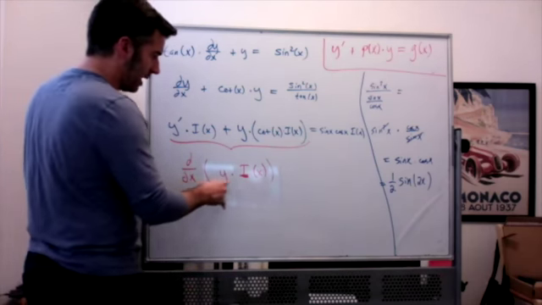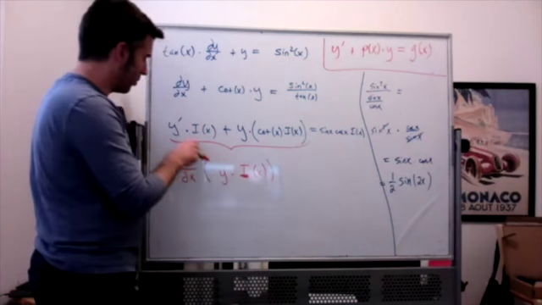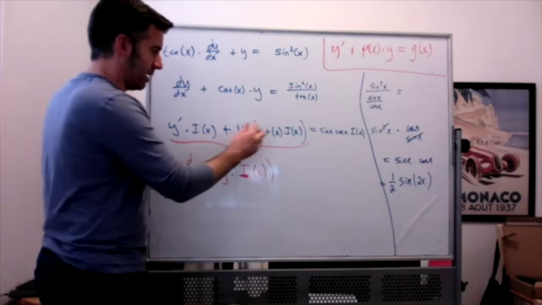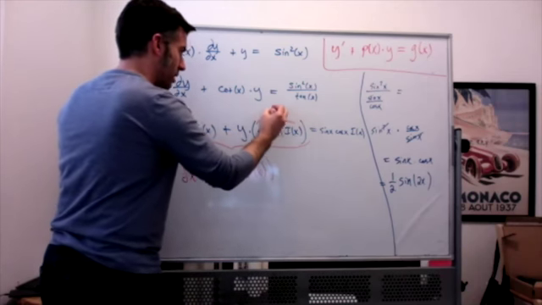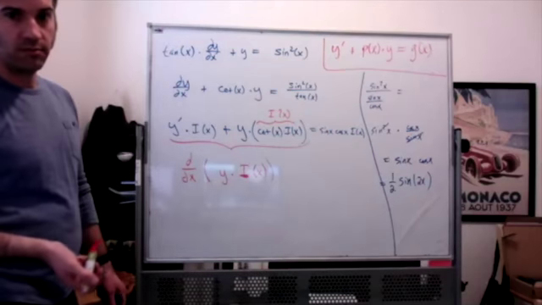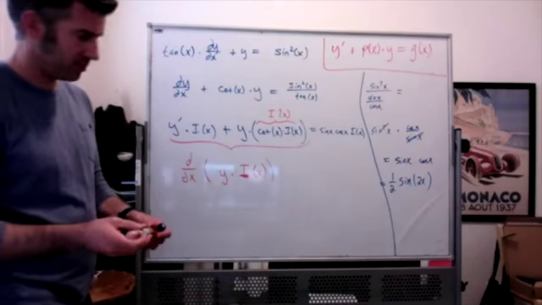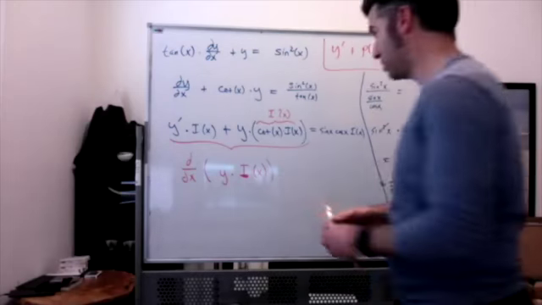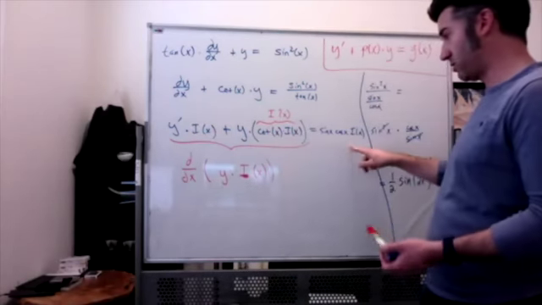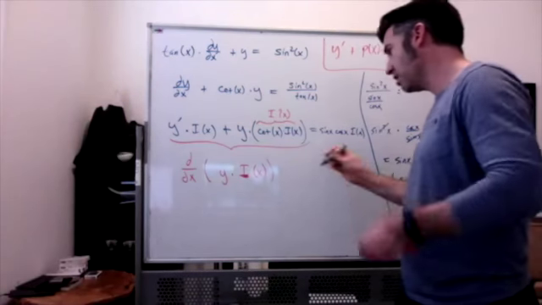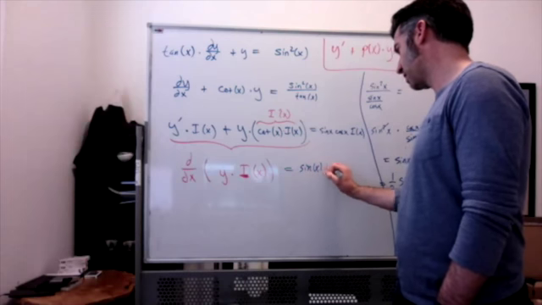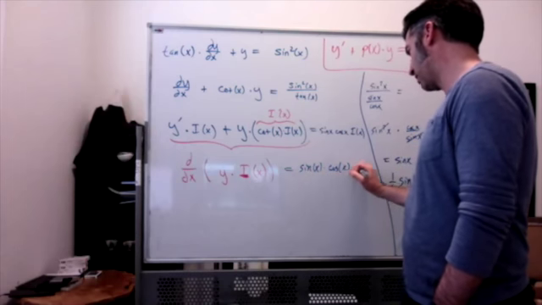The derivative of y times I is y prime times I plus y times I prime. So the derivative of this is equal to this, and it's still equal to the right hand side, sine of x times cosine of x times I of x.